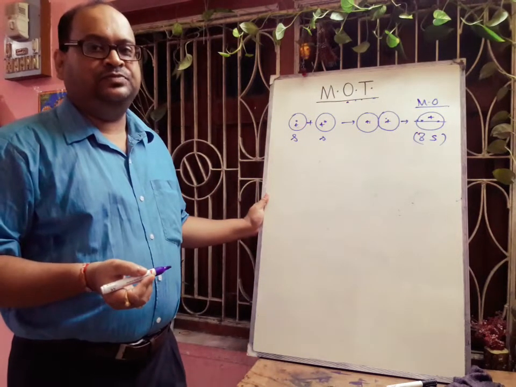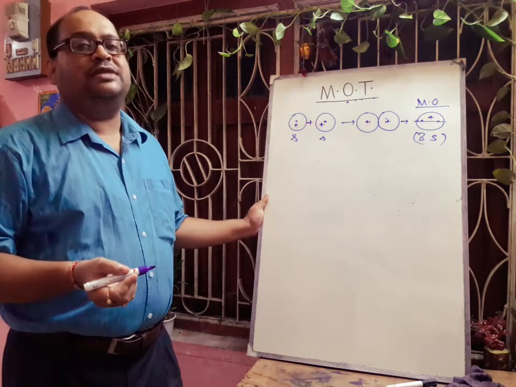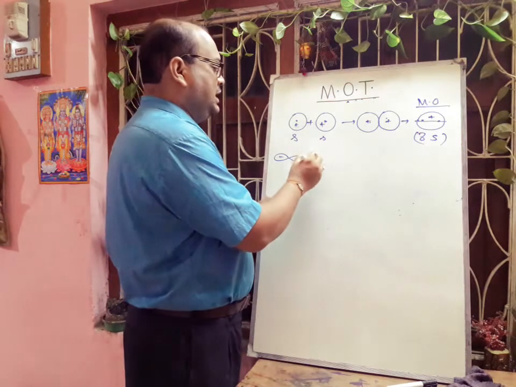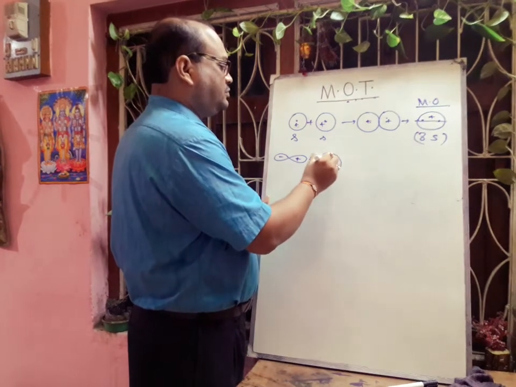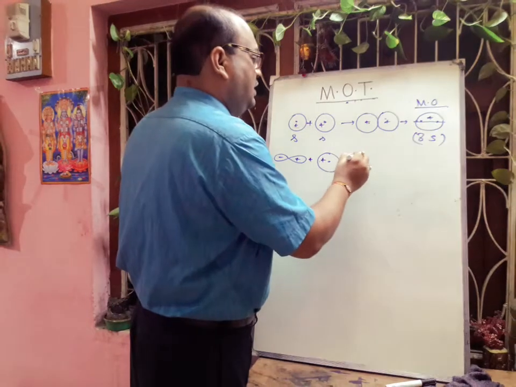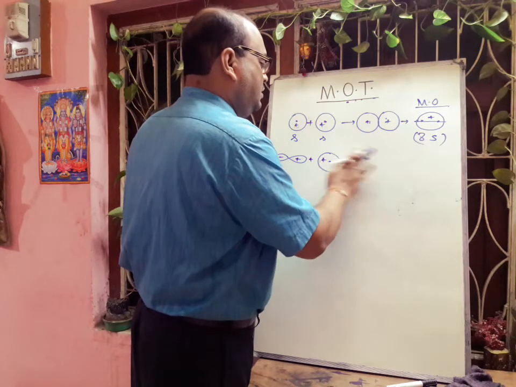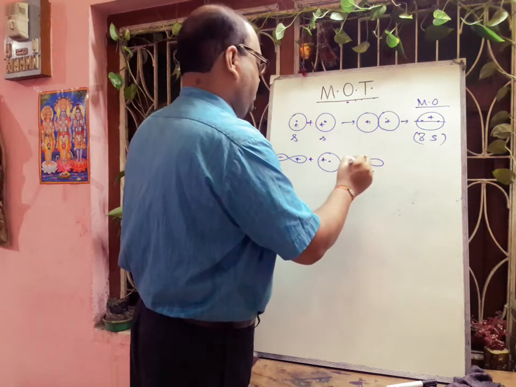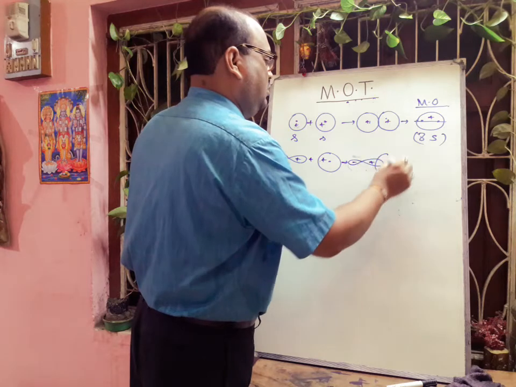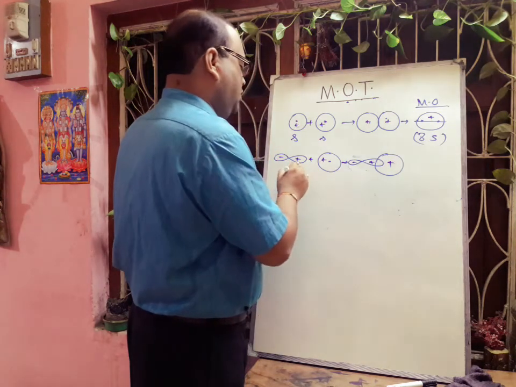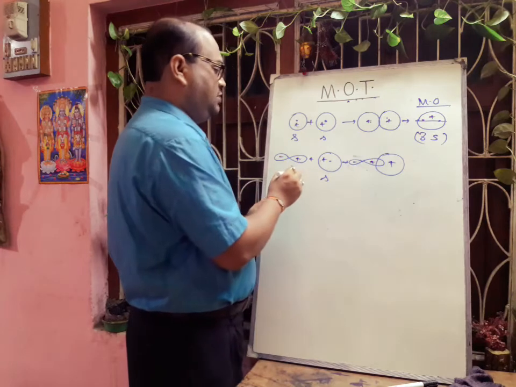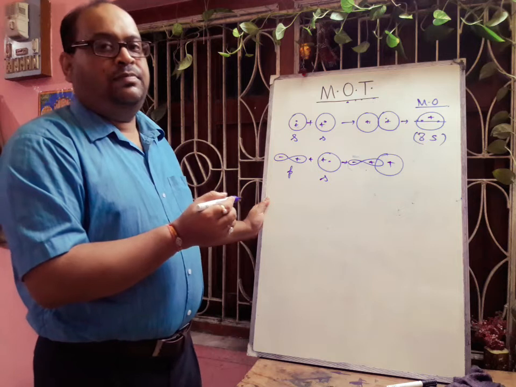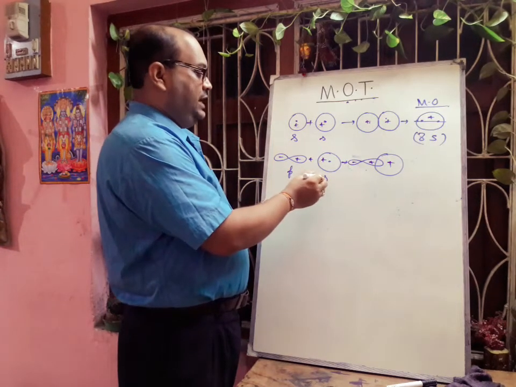Now if a p orbital combines with an s orbital in phase, that means this one is plus and minus and another s is coming, this is also plus, then definitely there will be overlap. Minus plus, and that will overlap with this plus. This one is the p orbital, this one is the s orbital.